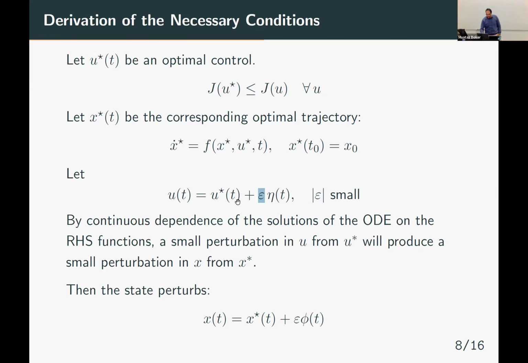Hence, we have a perturbation. We're perturbing that vector by a small amount to the left or right, meaning epsilon can be positive or negative.